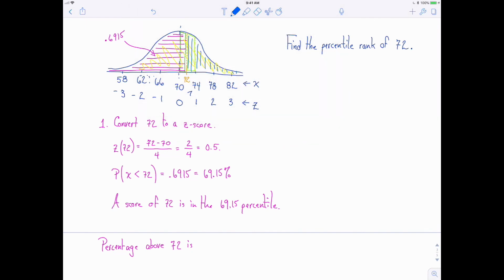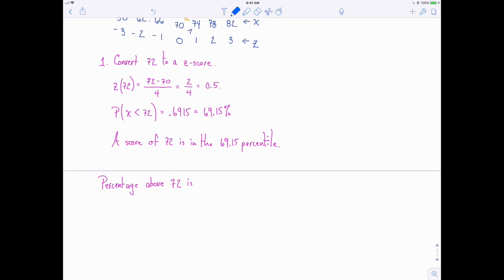So we'll leave the blue. So a percentage above 72 is found from taking the whole, 1, and we're going to subtract the 0.6915. So if we do that, that's going to be 0.3. Shouldn't do this in my head. I'll probably make a mistake here.